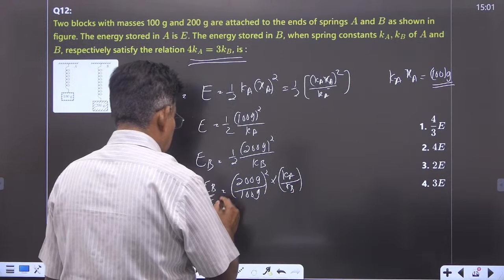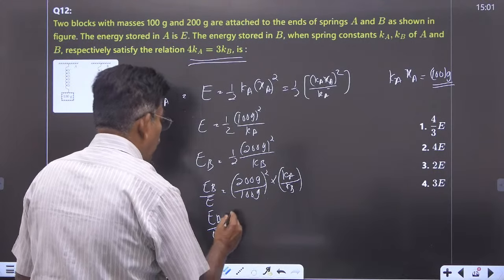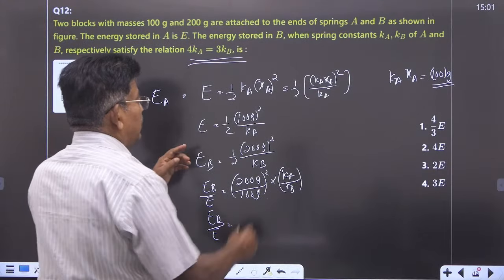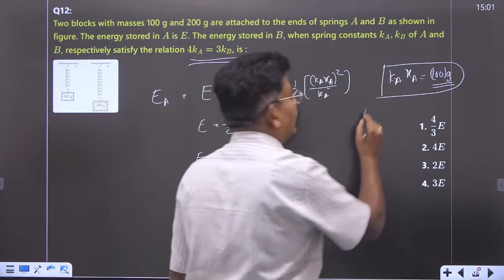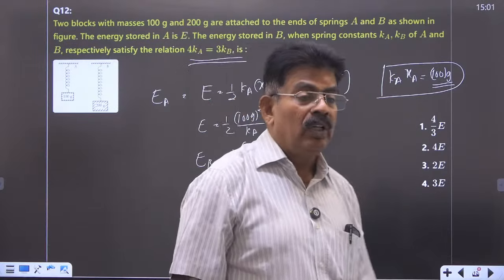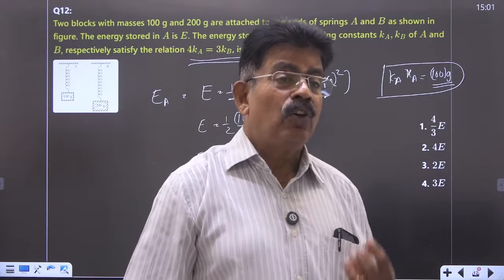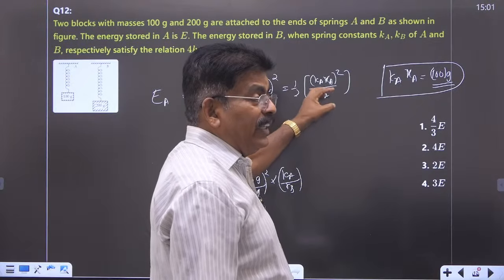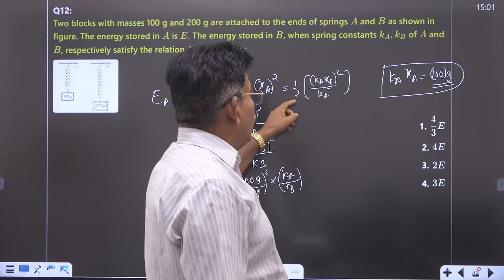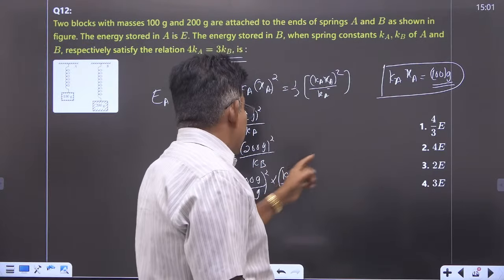This is EB by E. This adjustment will be useful for you because we are directly given the force pulling it down. Kxa is the force pulling it down. So from this format, I change into this format. We can easily write it. It will be half into restoring force square by Ka. So I can directly write it.